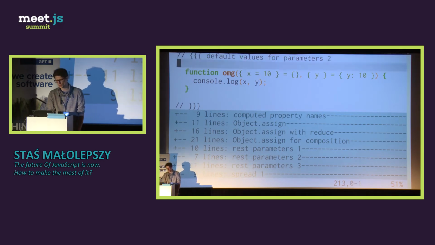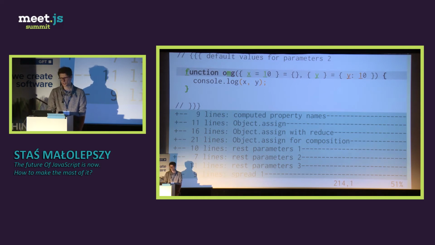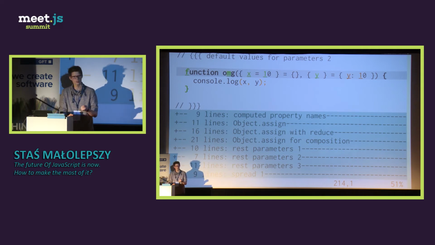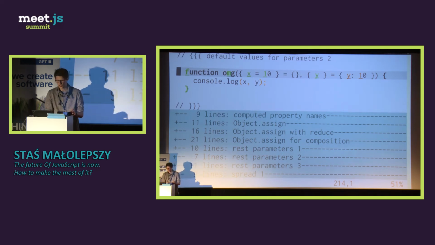In this example, there is a difference between x equals 10 and y colon 10. And the difference is, does anyone know what the difference is? No hands in the air. The difference is, and it's really weird, kind of makes sense though. If you pass an object as the first argument and it doesn't have x, x will be 10.